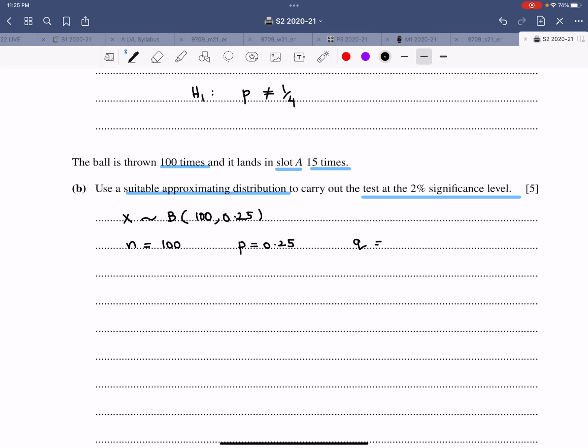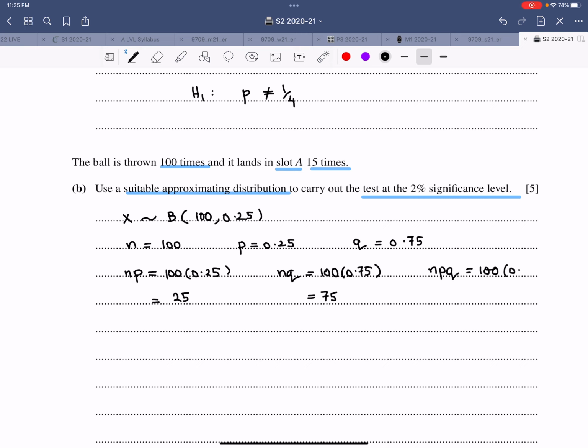There are three calculations that you do. The first one is NP, that is 100 into 0.25, that is 25. The second one is NQ, that is 100 into 0.75, which is 75. And the third one is NPQ, which is 100 into 0.25 into 0.75.